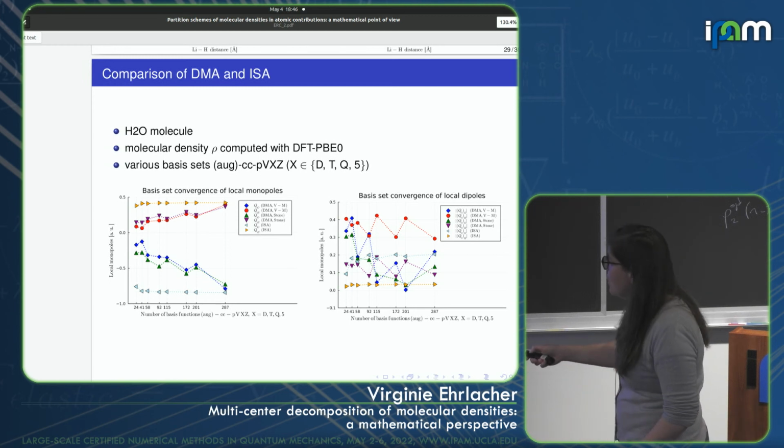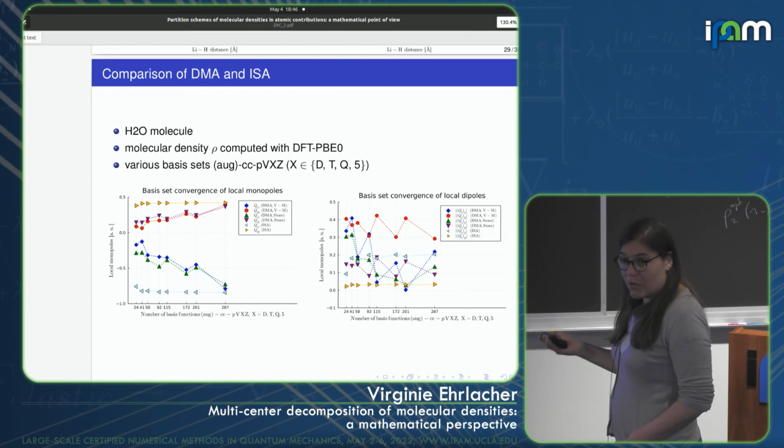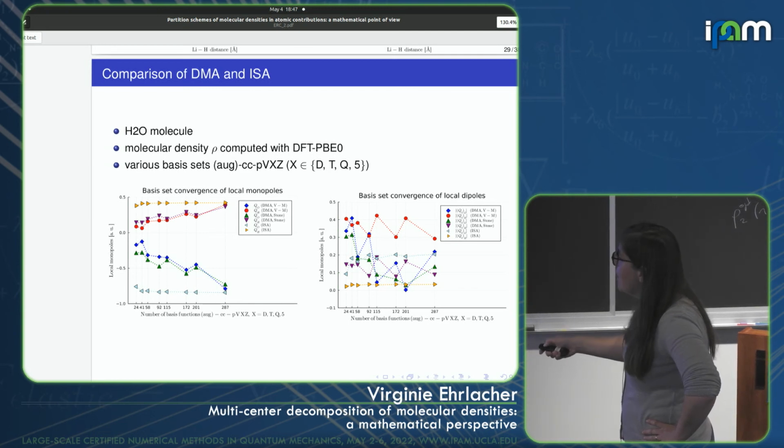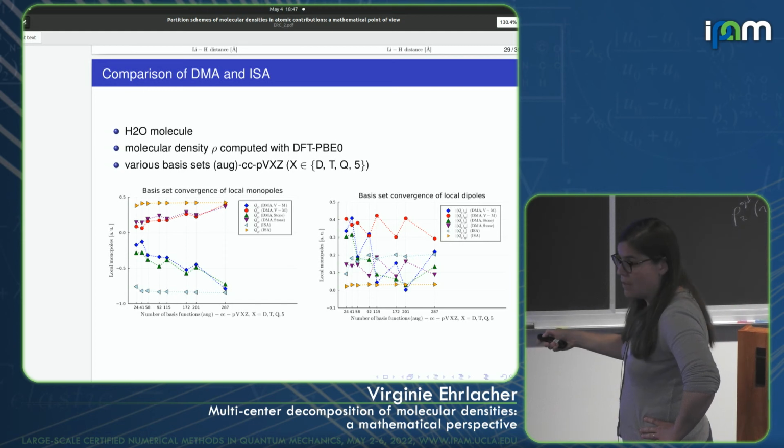What you can see is that these values of the partial charges seem to converge quite nicely, even if the basis sets are not necessarily included in one another. And here is what happens to various flavors of the DMA method. There seems to be some kind of convergence, but it seems much slower than for the ISA method.